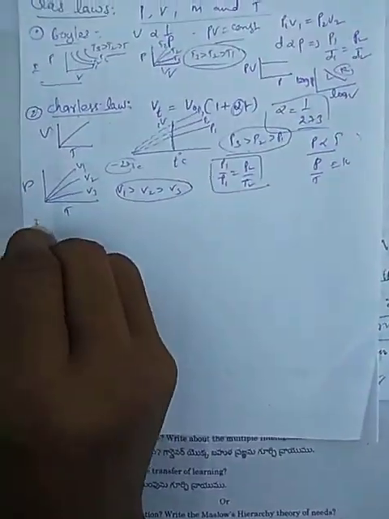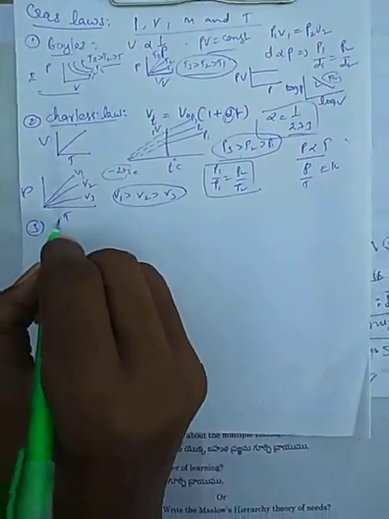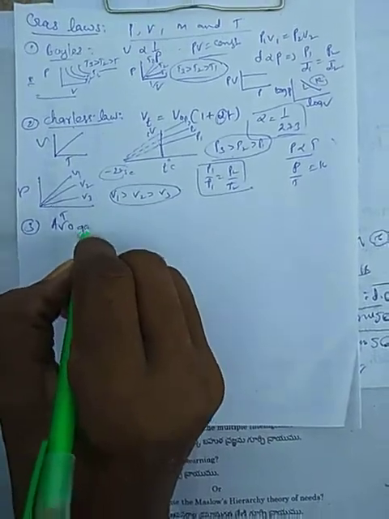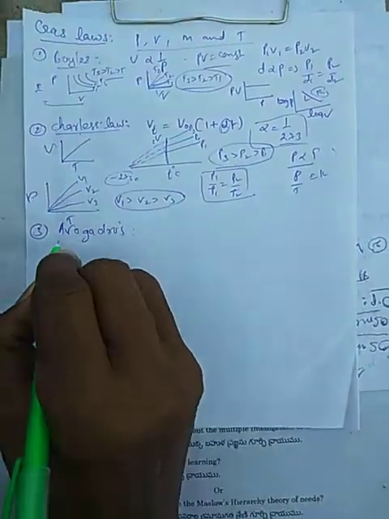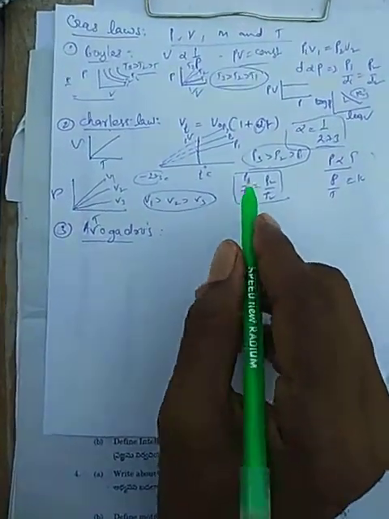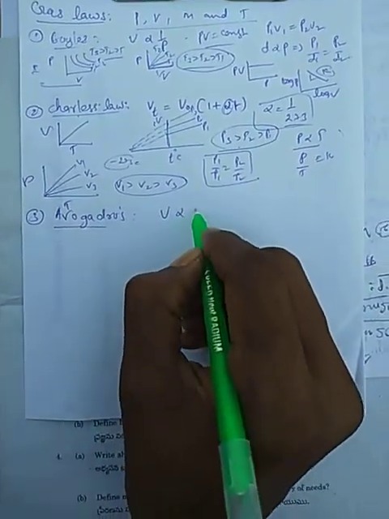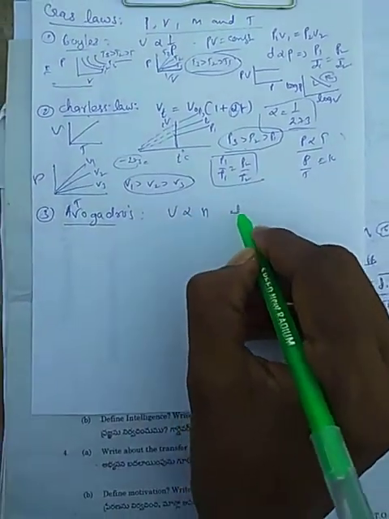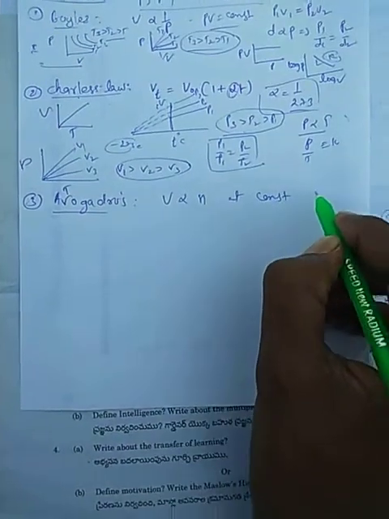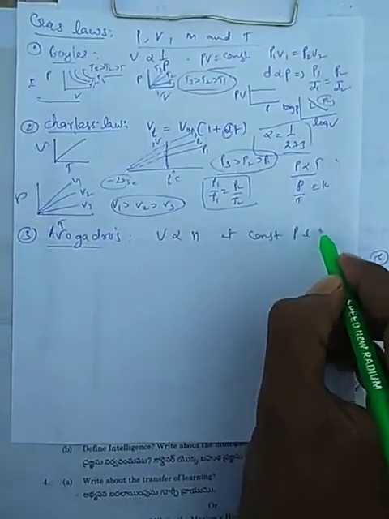The third one is Avogadro law. According to the law, the given volume of the gas is directly proportional to its number of moles at constant pressure and temperature.